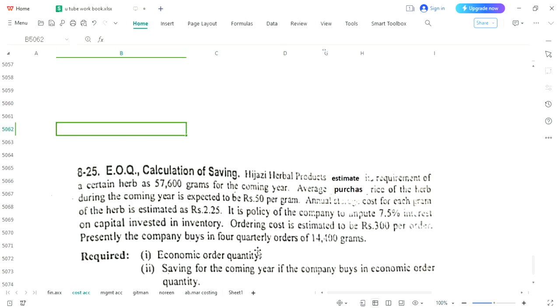For this, come over here. This last line is very important. Presently, without economic order quantity, the company buys, this is their routine, 4 quarterly orders. So it has already been mentioned that the number of orders would be 4.